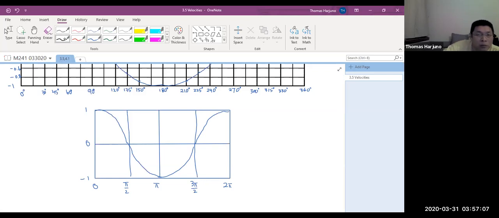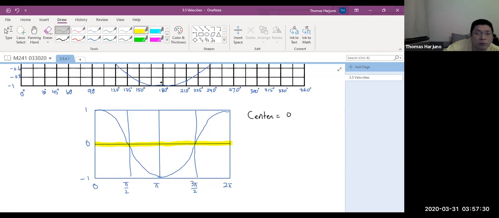Important things to remember. The first one, the center is 0, which means the graph actually goes up and down around x equals 0.